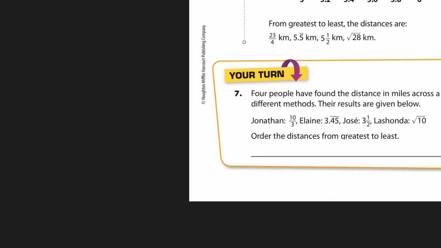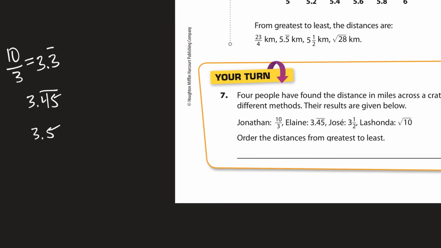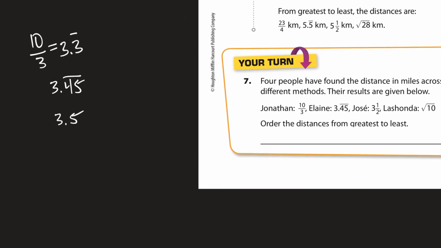I have 10 thirds, which I know is 3.3 repeating. I have 3.45 repeating. Jose is 3.5. And LaShonda is the square root of 10.